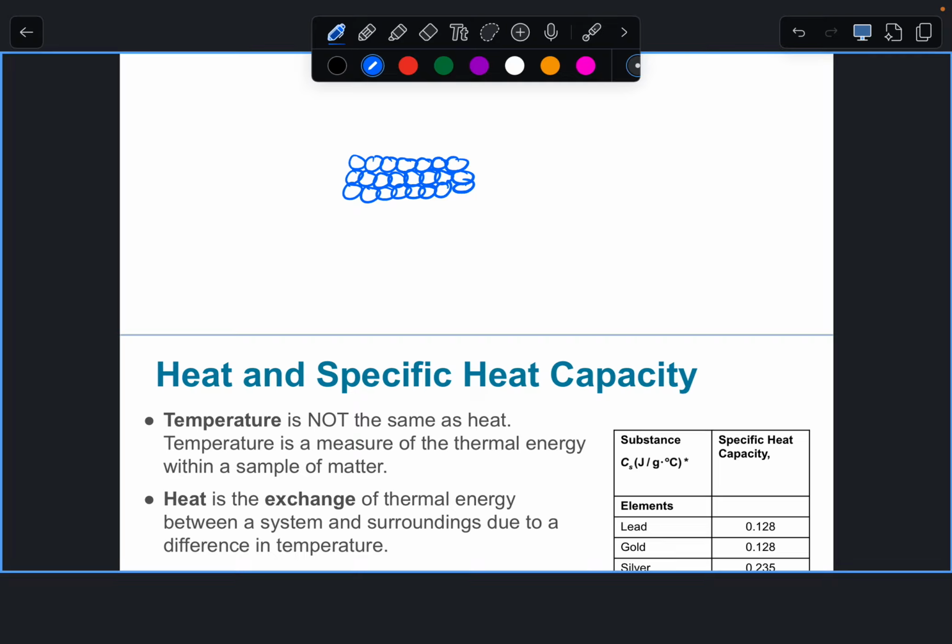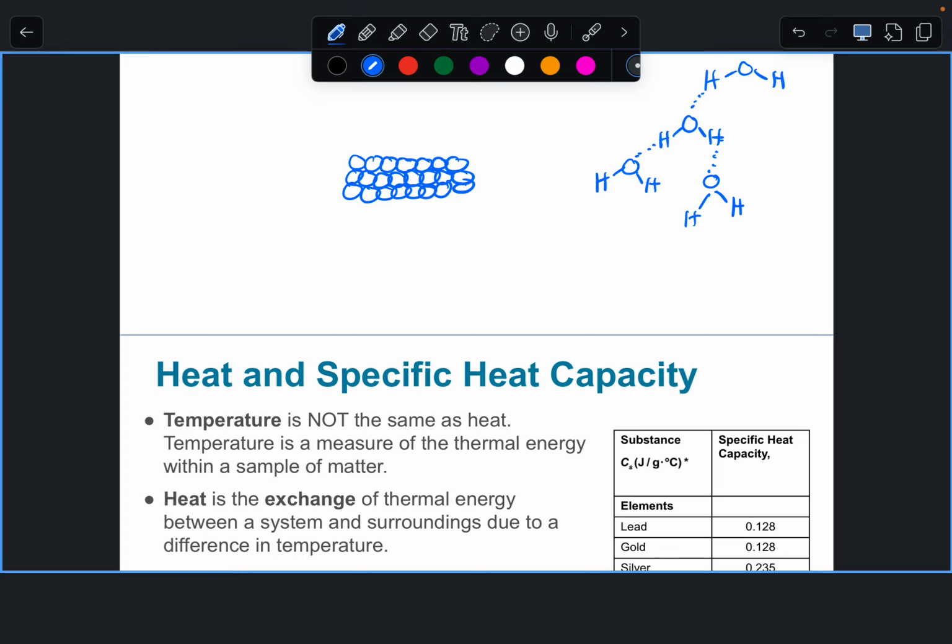So there's your metal. It has a very different structure than water would. Water has these individual units, and next chapter we'll talk about how these are held together. These little dotted lines that I'm drawing are interactions between the molecules of water, and they're quite strong compared to some other molecular substances.